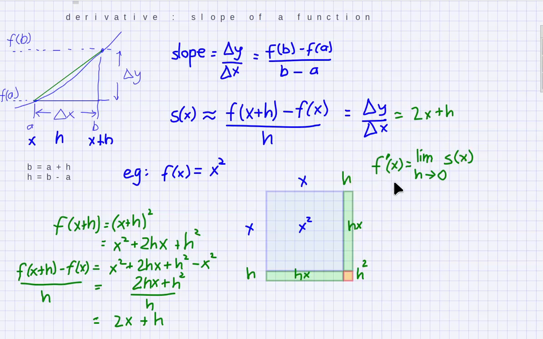So we write this in the definition, the limit as h approaches 0 of this thing, dy over dx. And in our case, the slope of x is 2x plus h, so let's just write that in. And so we want the limit as h approaches 0 of this 2x plus h.